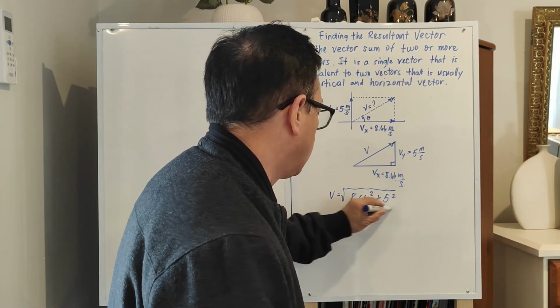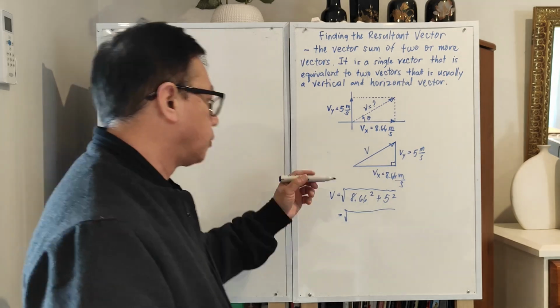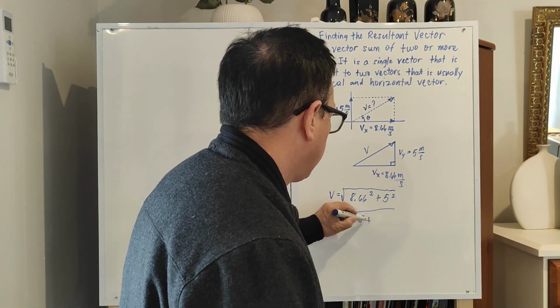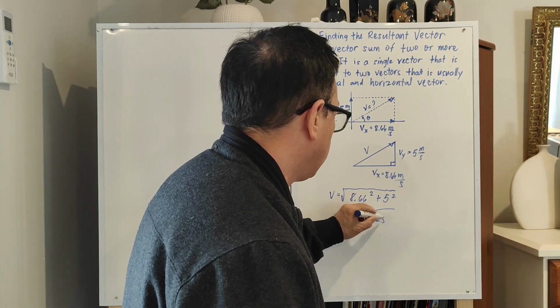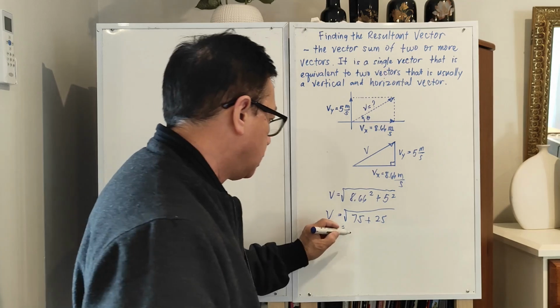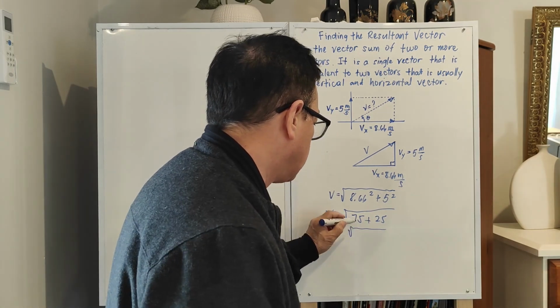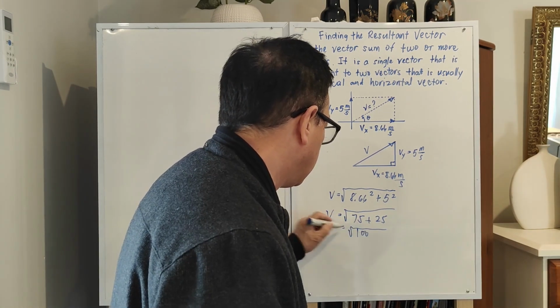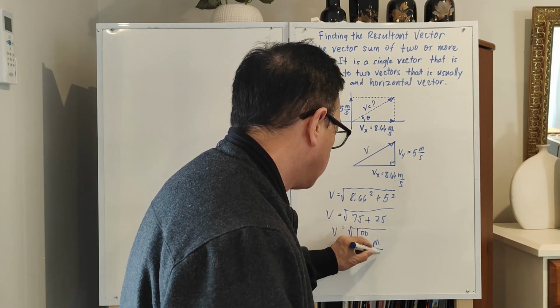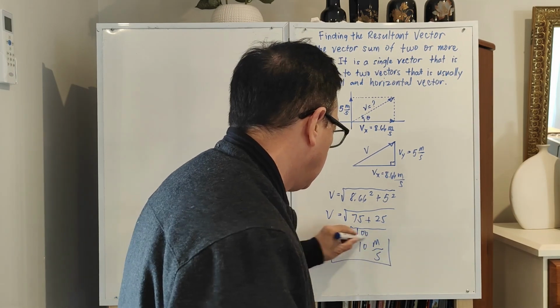So this will be 8.66 times 8.66, which, rounding up, is 75. 5 times 5 is 25. So your V is the square root of 75 plus 25, or 100. Your V is equal to 10 meters per second.